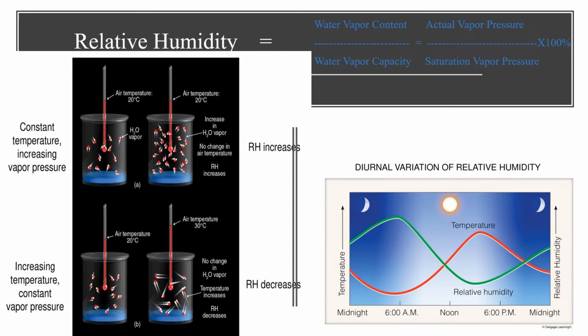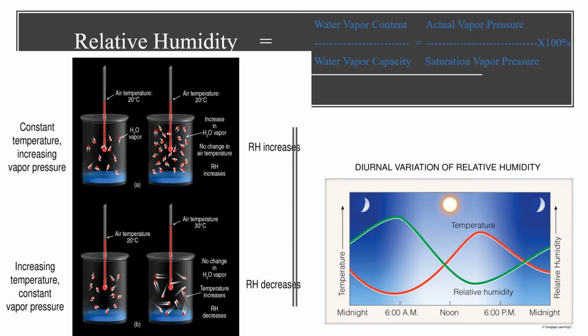We also talked about the actual vapor pressure of air, which expresses the amount of water vapor in terms of the amount of pressure that the water vapor molecules exert. We also have an option for describing how much moisture could be added to the atmosphere: the saturation vapor pressure.